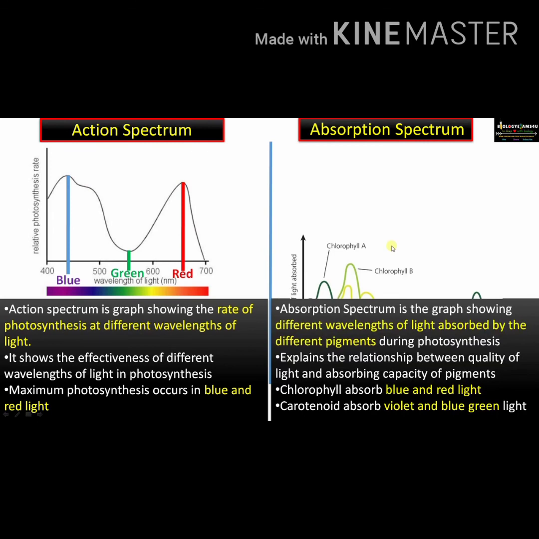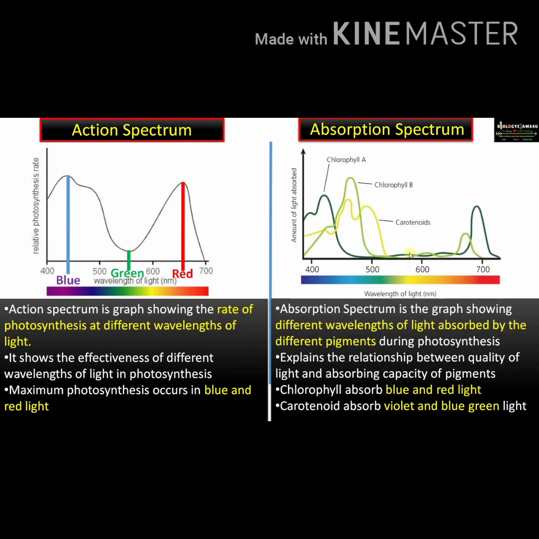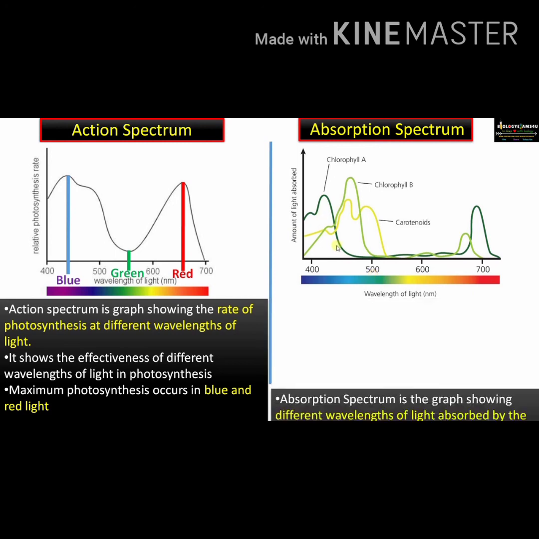Next comes absorption spectrum. Absorption spectrum is the graph showing different wavelengths of light absorbed by the different pigments during photosynthesis. It explains the relationship between quality of light and absorbing capacity of pigments.